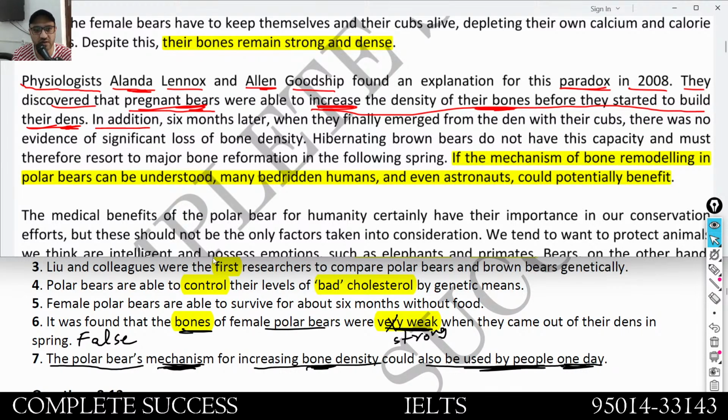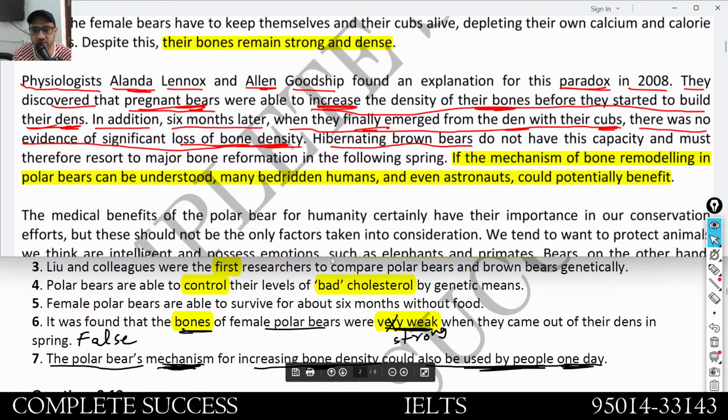In addition, उसके अलावा 6 months later, 6 महीने बाद, when they finally emerged from the dens with their cubs, जो अपने बच्चों के साथ वो गुफा से बाहर निकलते थे, there was no evidence of significant loss of bone density. कोई भी ऐसा evidence नहीं था कि वहाँ पे उनकी bone density कम हो रही है. That means again इससे भी हमें पता लगता है कि the bones of the female polar bears were strong and they were not very weak.